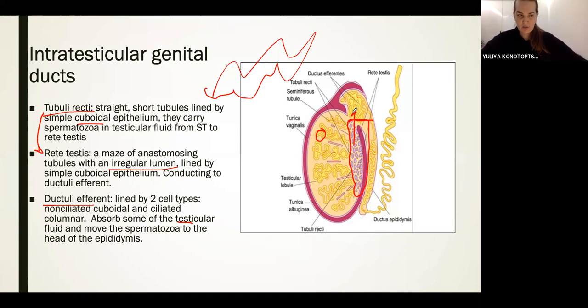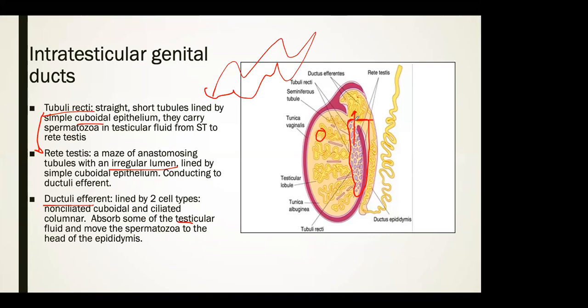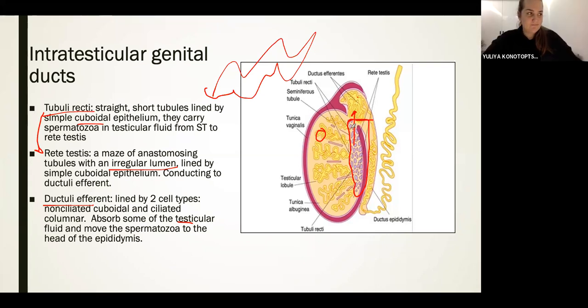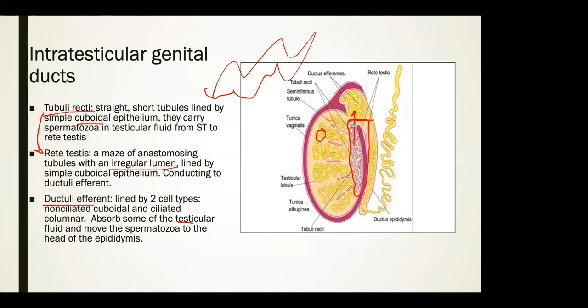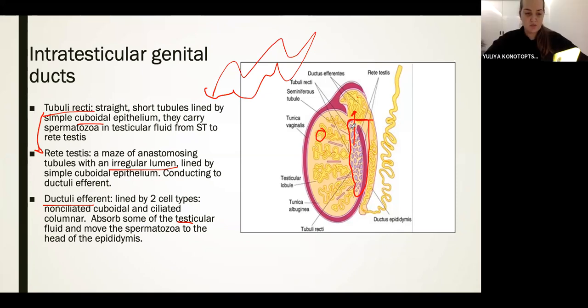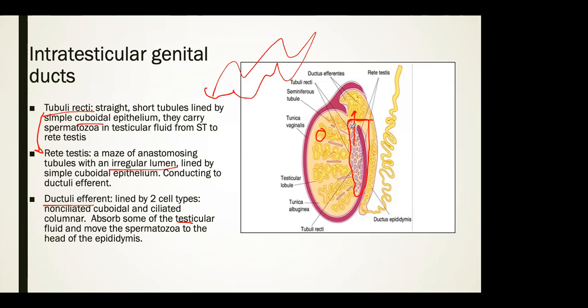So do you understand why we need to absorb the fluid? Please don't make me repeat it. Why do we need to absorb the fluid? To move the spermatozoa, so they can learn the motility function. Where do they learn motility function? Head of the epididymis. Very good.